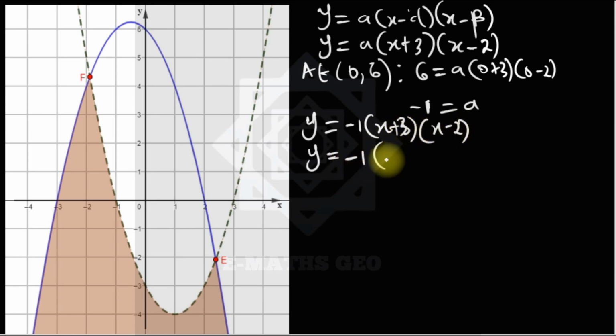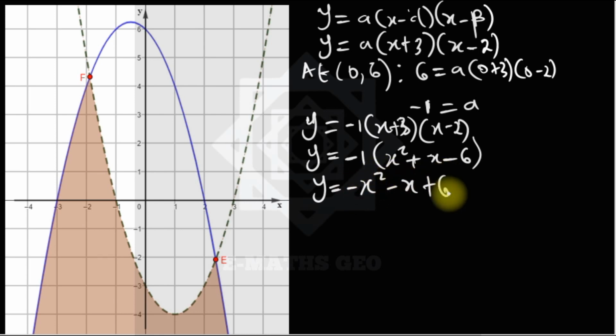So if you expand this, x squared plus 3x minus 2x is plus x, minus 6. So which is minus x squared minus x plus 6, which is correct. As you can see, the y-intercept is 6. So we've gotten the two curves.